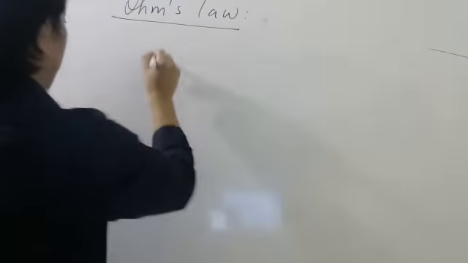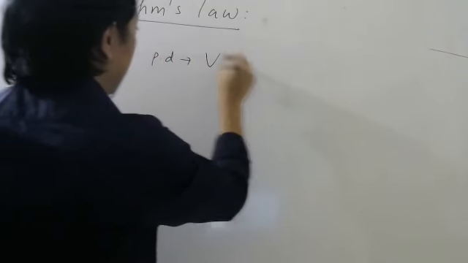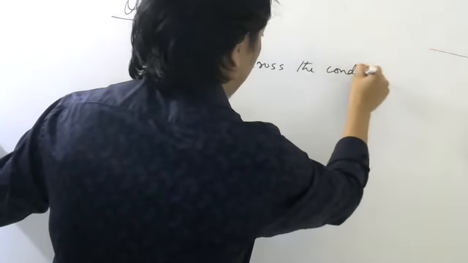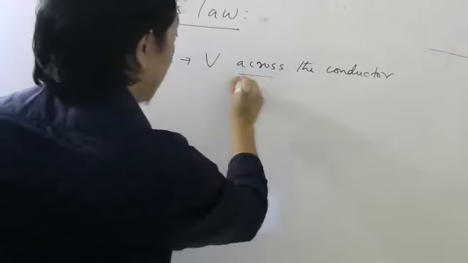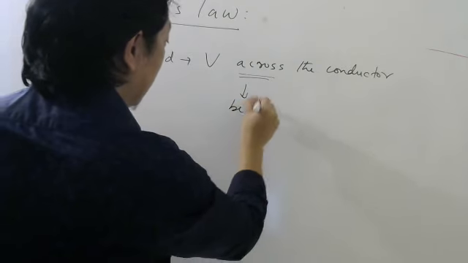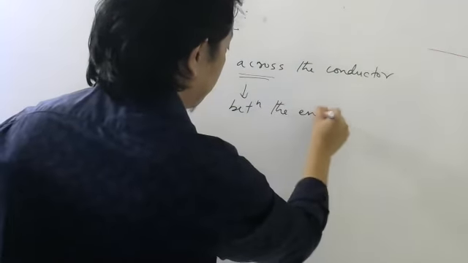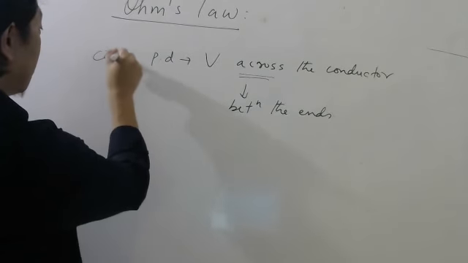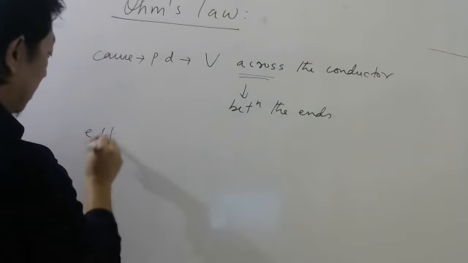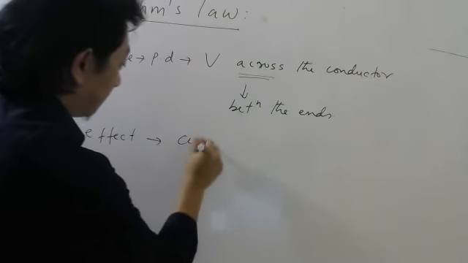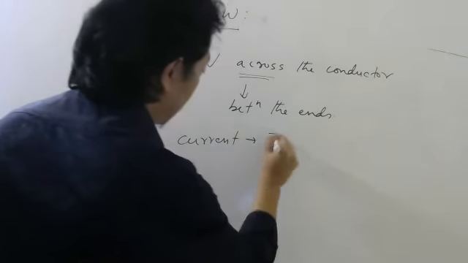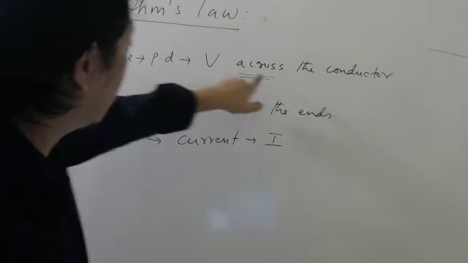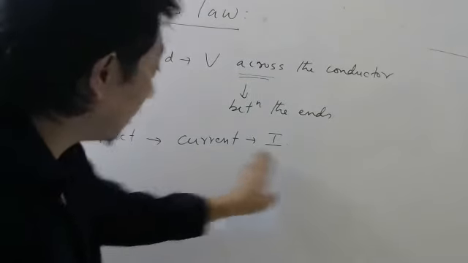Because of the potential difference V across the conductor, across meaning between the ends, this is the cause, and the effect is current. So when you apply a potential difference across the conductor, you get current in the conductor.